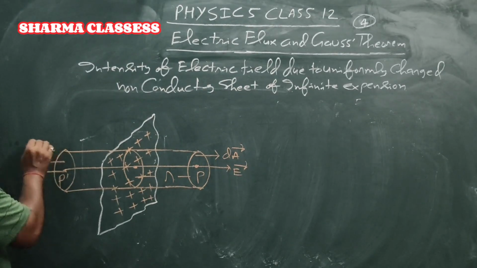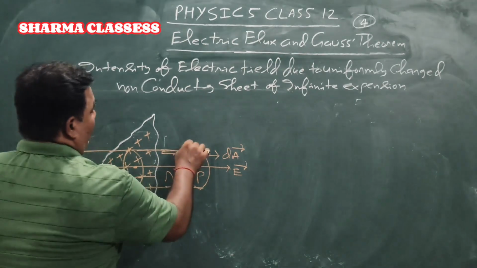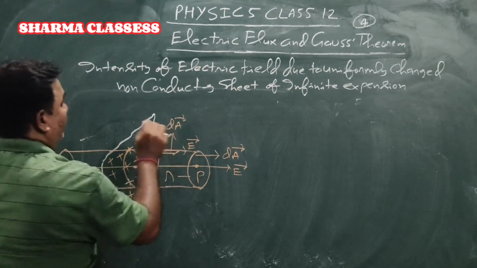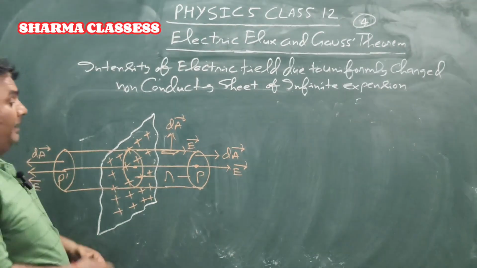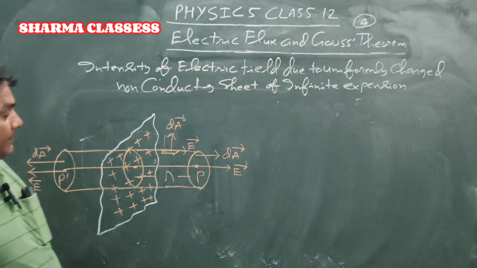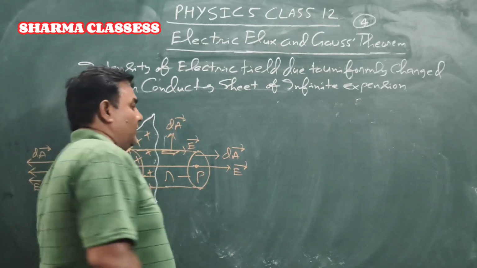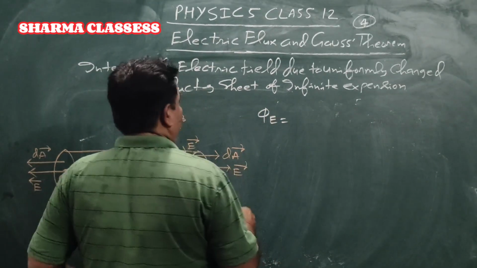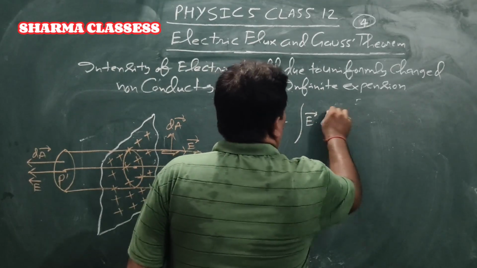On the curved surface, the direction of the electric field and the area vector are perpendicular, but on the flat surfaces, the electric field and area vector are in the same direction. So the electric flux passed through this closed surface is the integration of E dot dA on each surface.